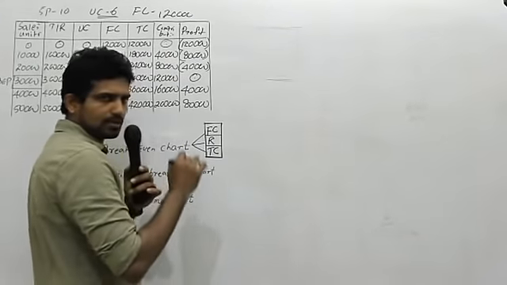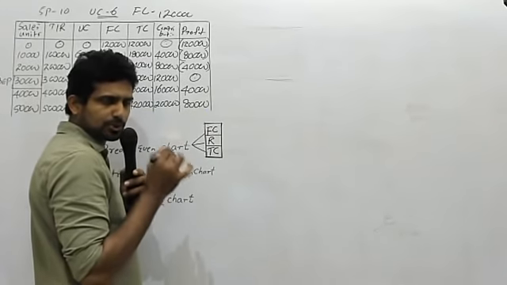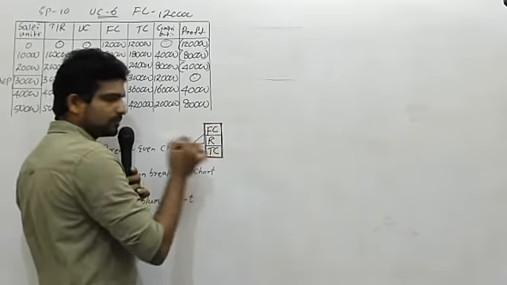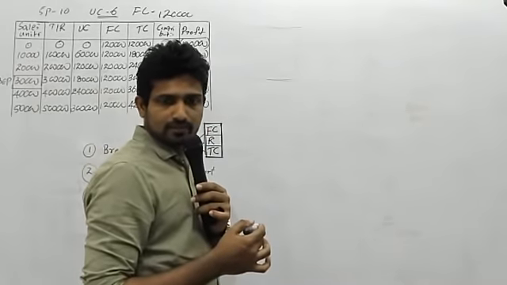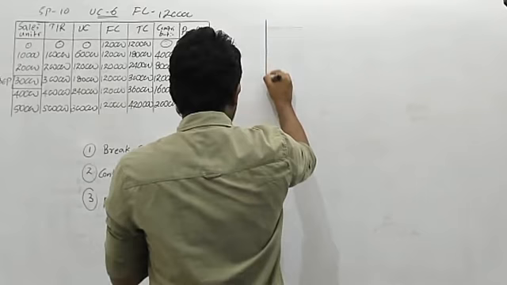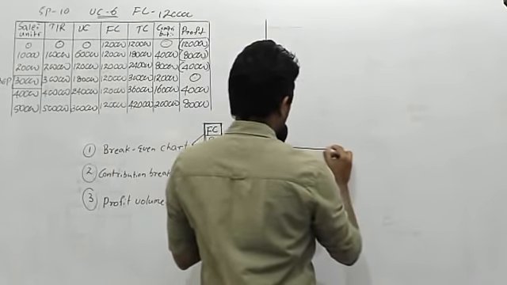And the independent variable is the quantity. You need to show how these three variables behave with respect to the changes in the quantity. So the quantity on the x-axis, this is the independent variable.